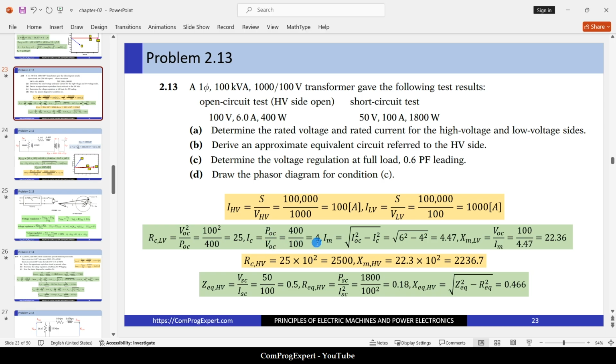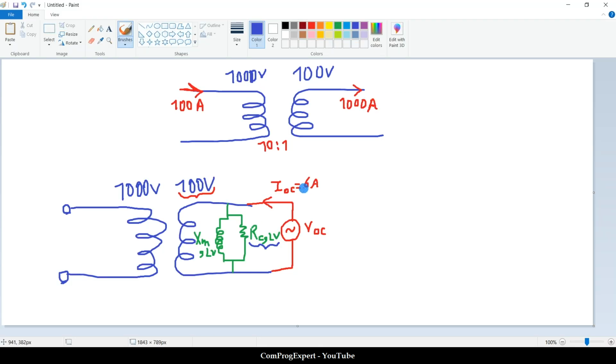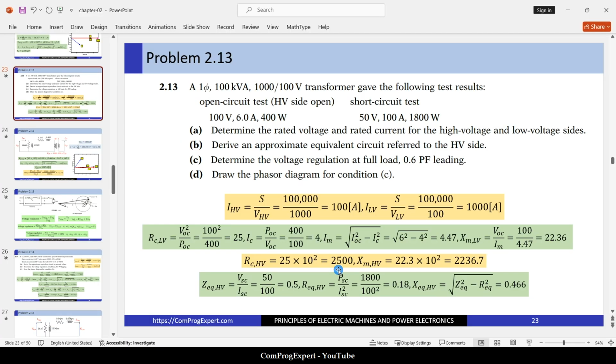that is equal to 4 amps. Okay, and how can we calculate the amplitude of the magnetizing current? It is equal to the square root of the current of the open circuit test, this current, that is equal to 6 amps, to the power 2 minus the equivalent core resistance current to the power 2, that is equal to this one, 4.47 amps.